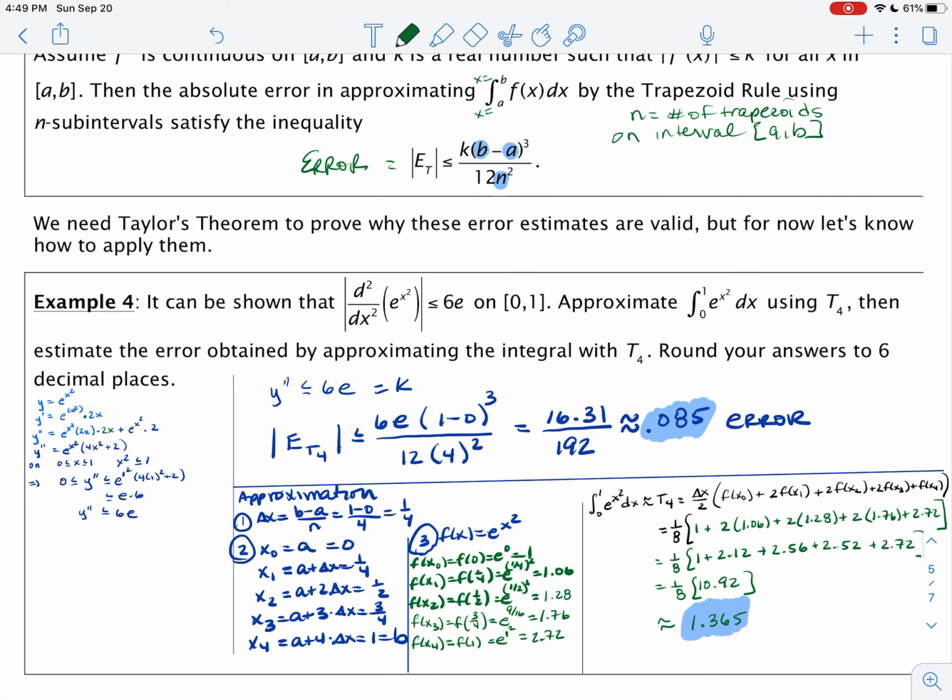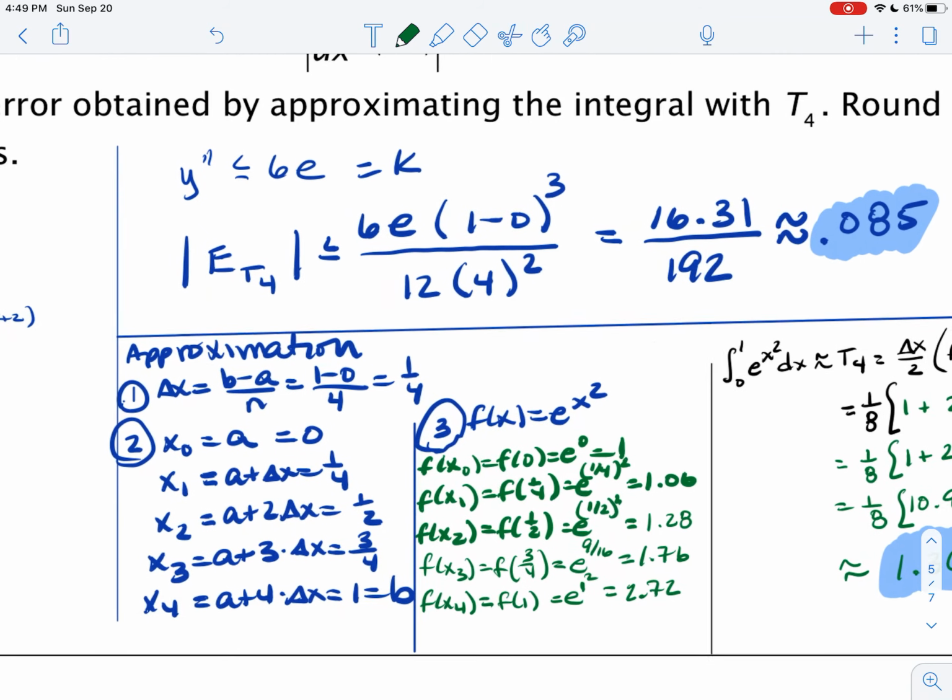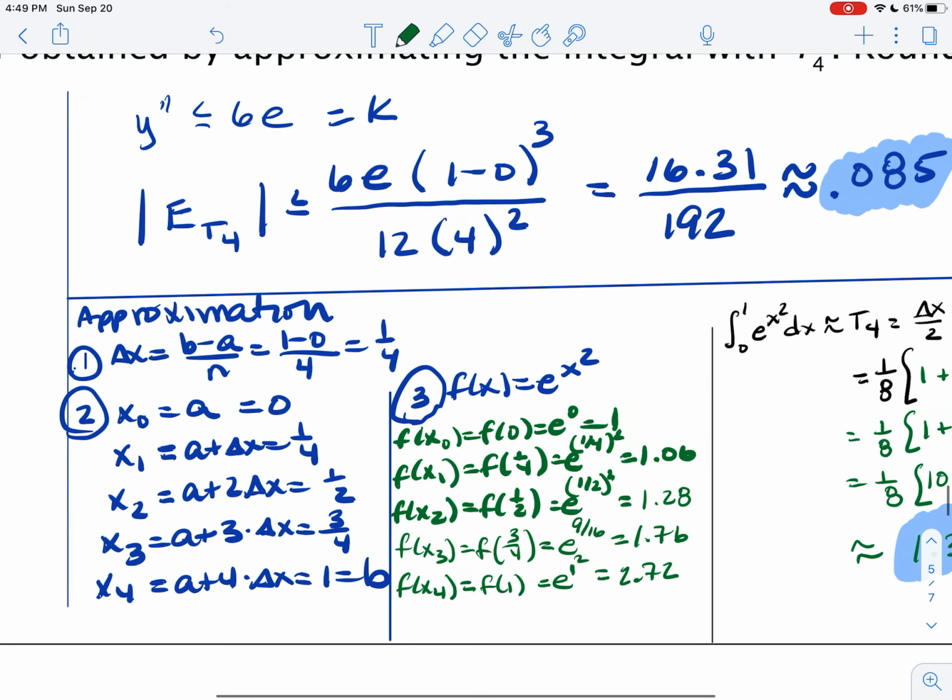And then it says actually use the trapezoid rule. So this is a little mini review of approximating the integral using the trapezoid rule. So remember, our first step is to find delta x, and our delta x is b minus a divided by n. And so that's 1 minus 0 divided by 4, since we're using 4 trapezoids.